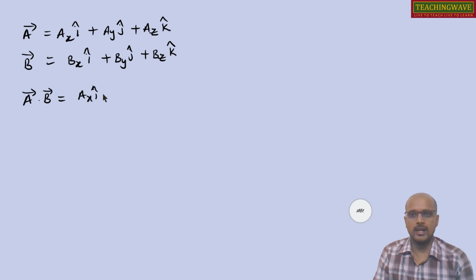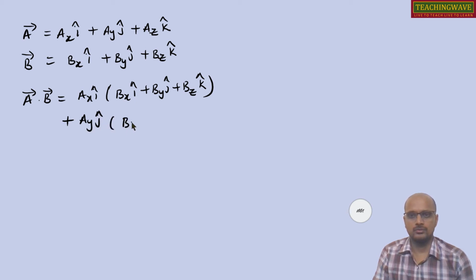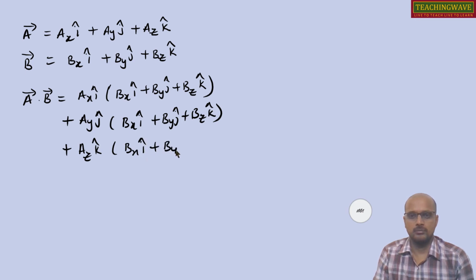ax i cap multiplied with bx i cap plus by j cap plus bz k cap, by using our distributive property, plus ay j cap into bx i cap plus by j cap plus bz k cap, and az k cap into bx i cap plus by j cap plus bz k cap.